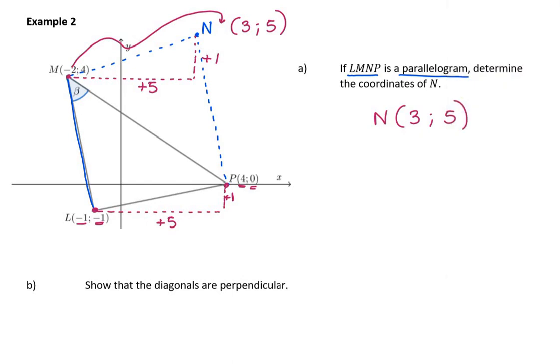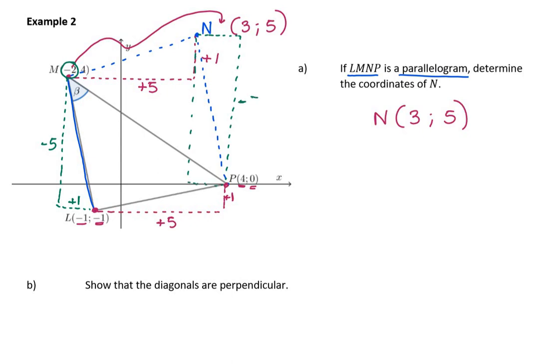I could have gone from M to L, or vice versa. If I go from negative 2 across to negative 1, I'm clearly increasing the x value by 1, but I'm going down from 4 to negative 1, so I'm subtracting 5. So from N, I'm going to have to go across and down, or you could have thought of it as down and then across, it doesn't matter.